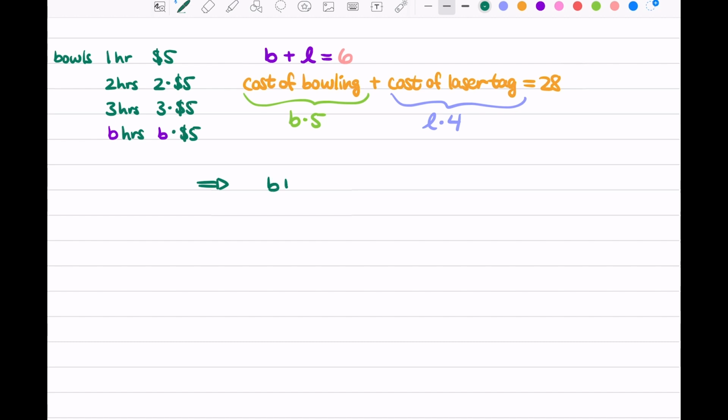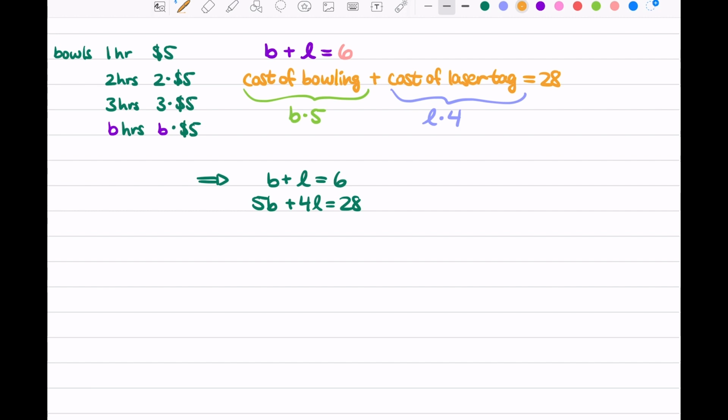We have B plus L equals 6, and B times 5, which we can write as 5 times B, plus L times 4, or 4L, equals 28. So now it's easy to see we have a system of equations. And we've learned two ways to solve a system of equations. We can use substitution, or we could combine these equations.